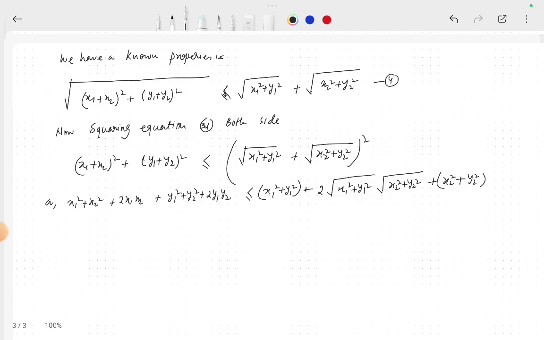Now comparing both sides, the x1 square, x2 square, y1 square and y2 square cancel each other.